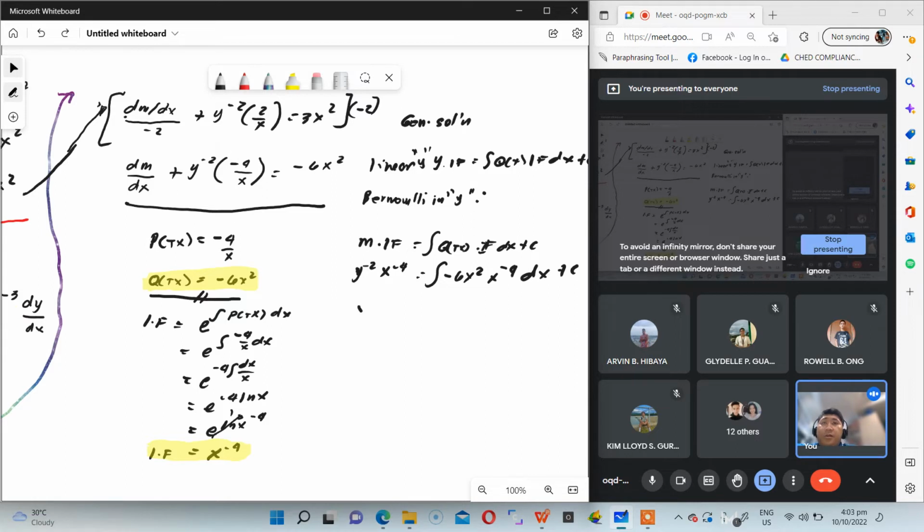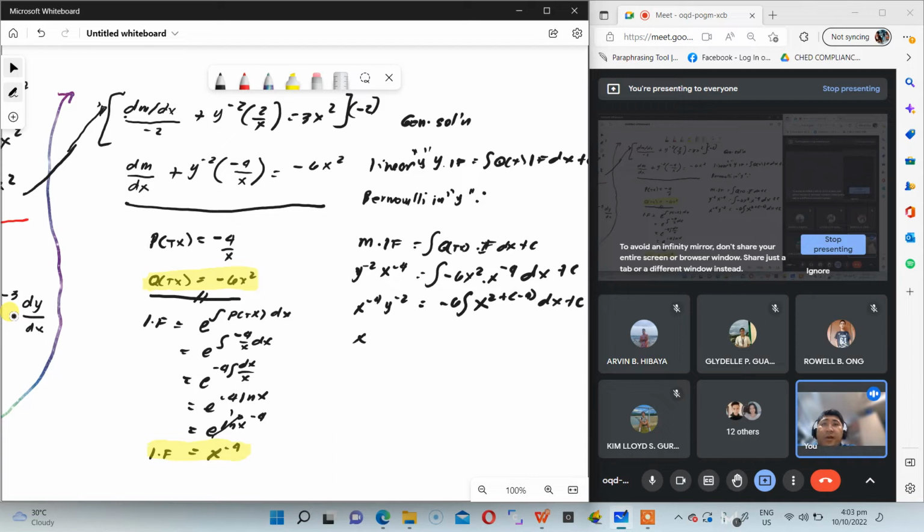We start with the highest power, negative 4: x to the negative 4 times y to the negative 2 equals negative 6 times the integral of x squared, and since they are multiplied, plus negative 4, so the power is 2 plus negative 4, dx plus c.